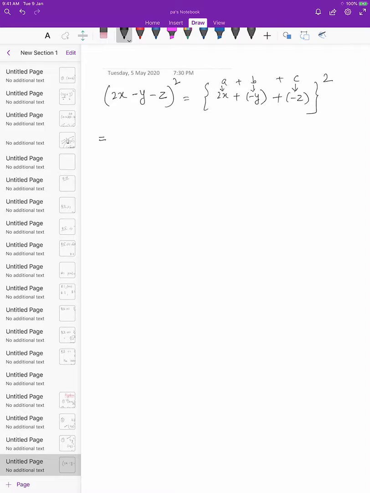So using the identity, I will get 2x whole square plus minus y whole square plus minus z whole square plus 2 into a into b plus 2 into b into c plus 2 into c into a.